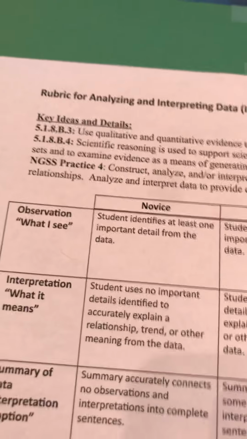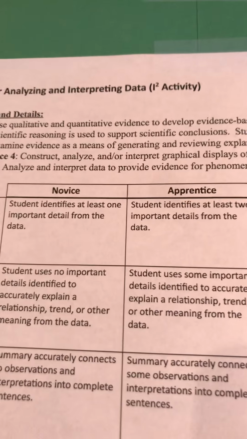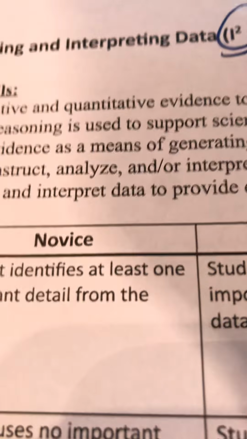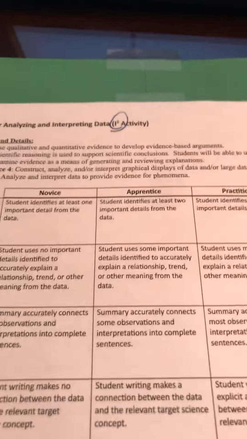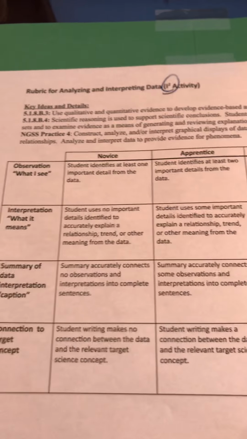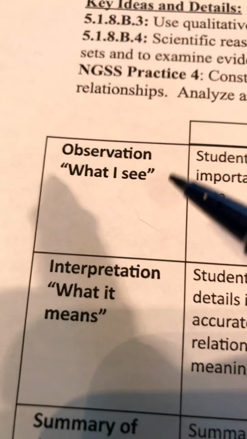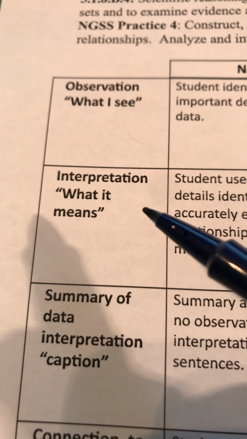I just wanted to take a moment to go over the rubric for today's I-2 activity, which stands for identify and interpret. So basically, you're going to be reviewing a document and a diagram, and you're going to be identifying things that you see on the diagram and then trying to interpret what it means.